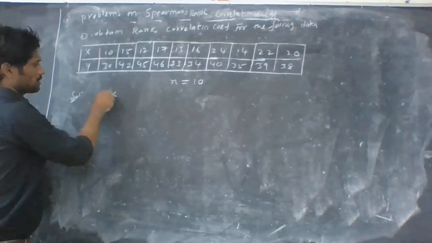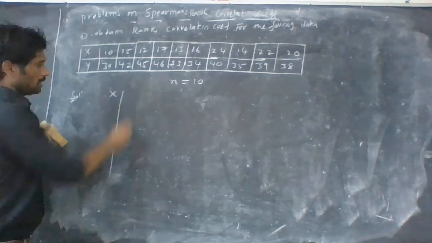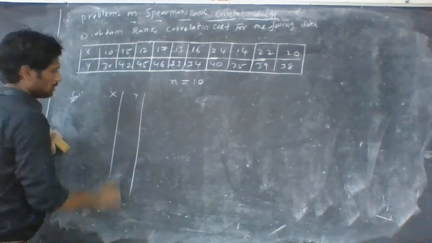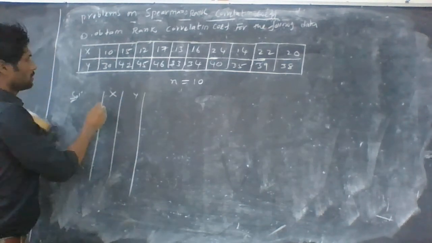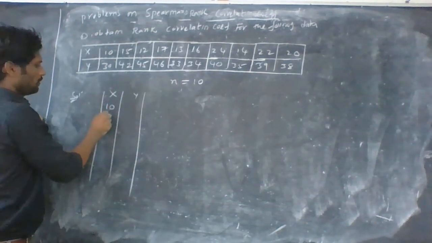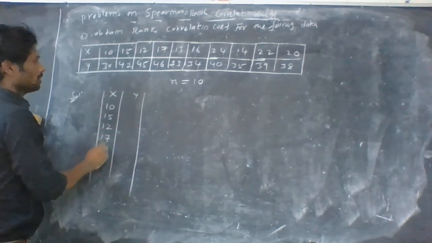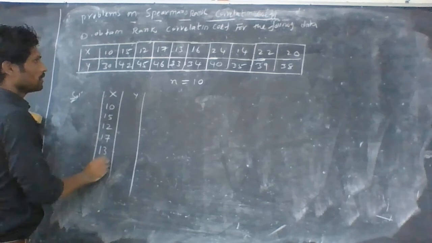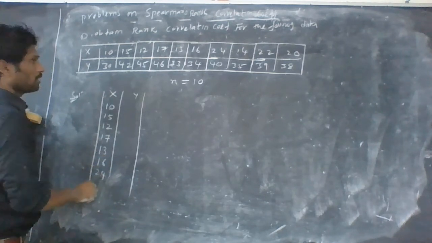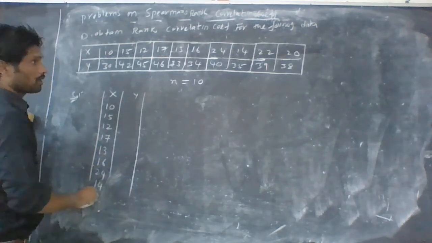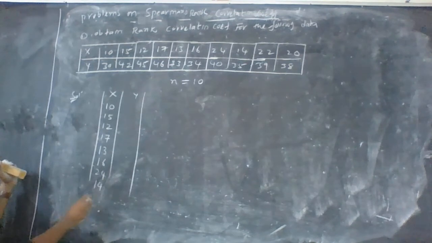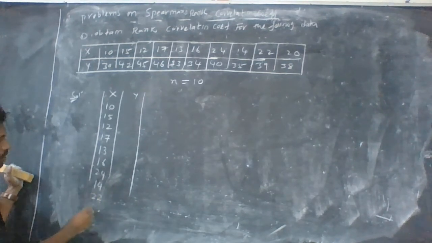First the x values: 10, 15, 12, 17, 13, 16, 24, 14, 22, 20.